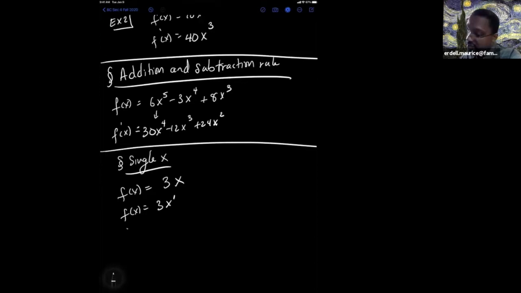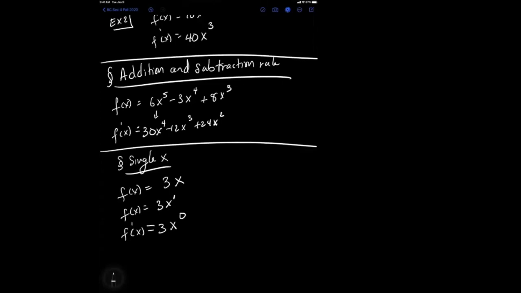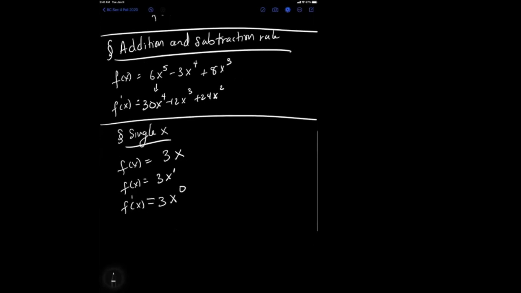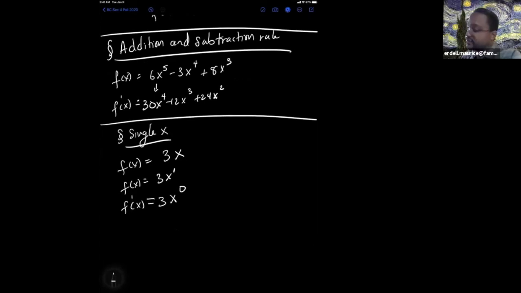Well, f prime, the derivative, 1 times 3 is 3, and then that will leave me with x to the 0 power, correct? Do we have to put the 0 power, or do we just put 3x? Well, any number to the 0 power equals what? 1.